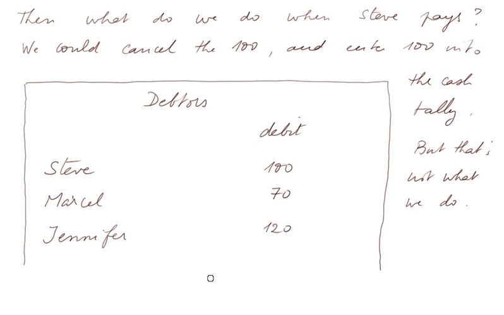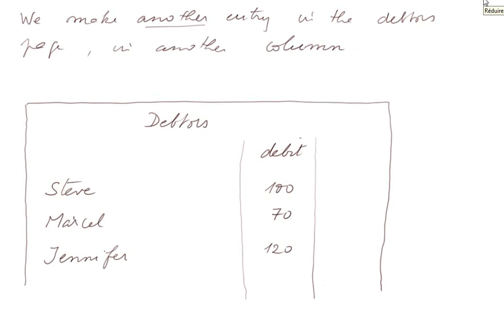And of course, since Steve now pays us with cash, we would enter 100 into the cash account. But that's not the way we do. We make another entry in the debtors page in another column. So we write Steve, and here we write 100. And these two 100s, they cancel each other.